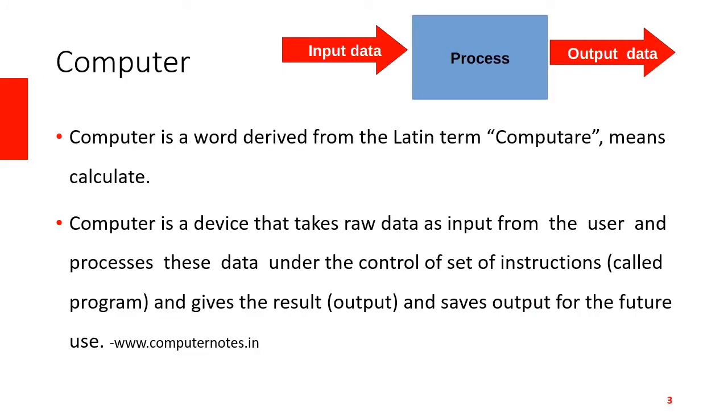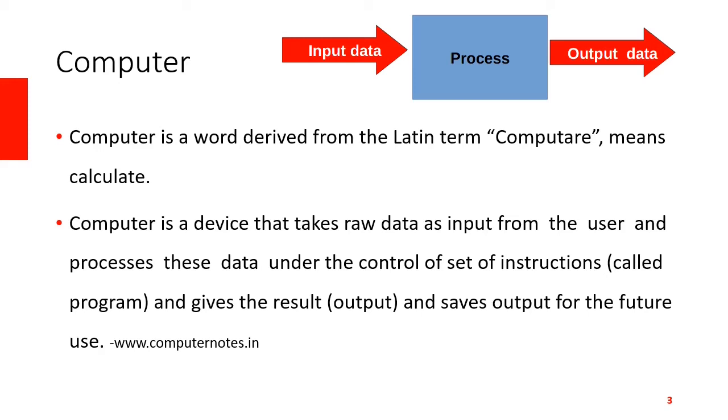Usually when you hear the term computer, we always think of some kind of laptop or desktop personal computer. The word computer came from the Latin term computare, if I pronounce it properly, which means calculation.